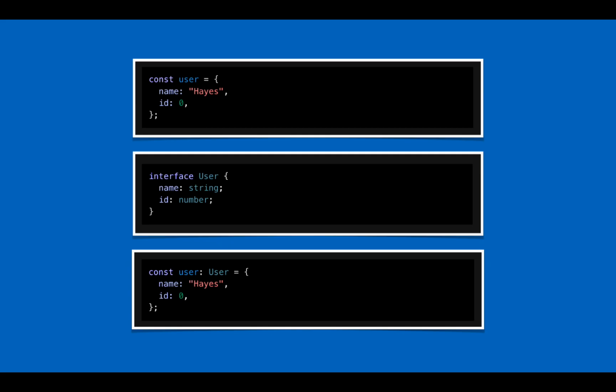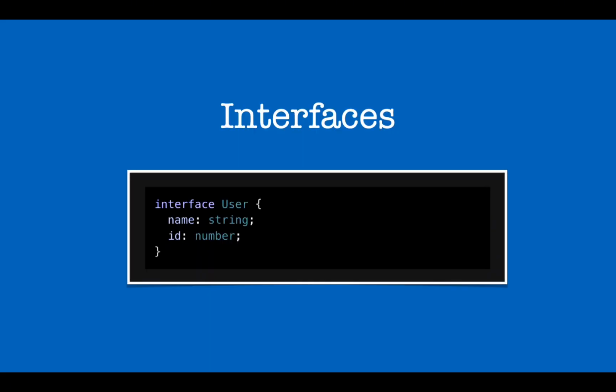So interfaces are at the core of TypeScript. We define interfaces to create these sort of unique custom types. So a user object, for example, you open your curly braces, you define sort of what the type of the name property is going to be.